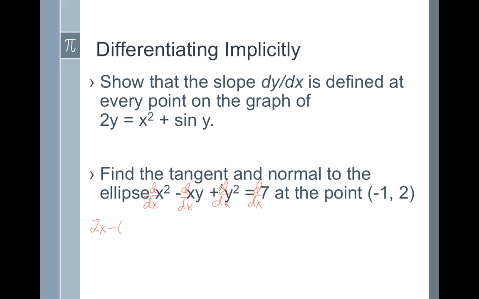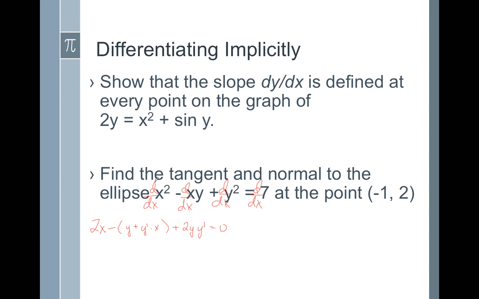So x times y, the derivative of the first term is 1 times the second term, plus the derivative of the second term, which is just y prime, times the first, which is x, plus the derivative of y squared, we said is 2y y prime, is equal to 0.